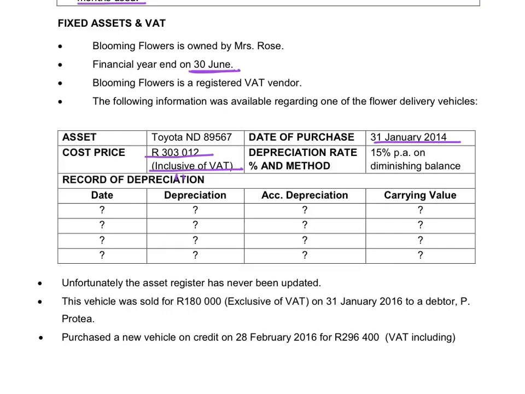So if we bought it on the 31st of January, we will only calculate depreciation from the 1st of February up to 30 June 2014, because that's the number of months that we used it in the current financial year in 2014. It's very important to determine the percentage and to see if it's calculated on cost or diminishing balance.